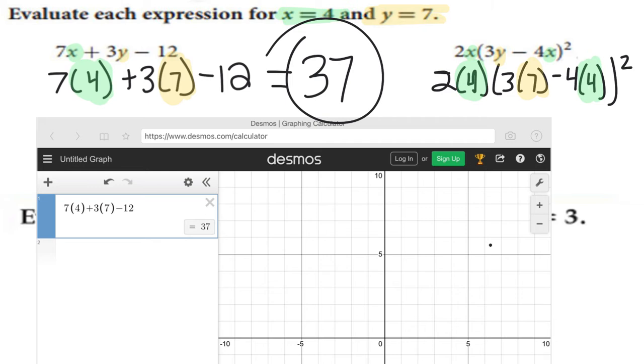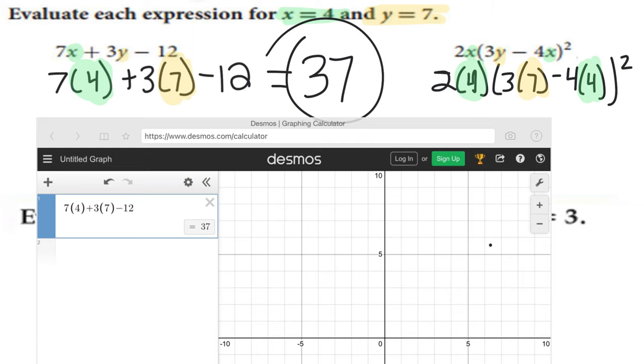Now we'll turn around and do the other one. Two times 4, parentheses 3, parentheses again 7, minus 4, parentheses 4.